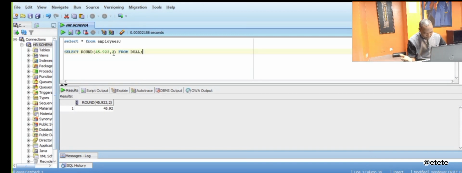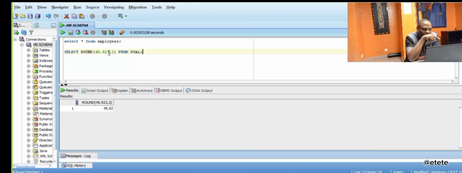Are you with me? Yes. So to the right of the decimal, this 2 represents 10 raised to the power 2. After the decimal, we have 9 and 2. The third number there, the 3, is not up to 5, so we cannot round it up. That is why it gave us 0.92.